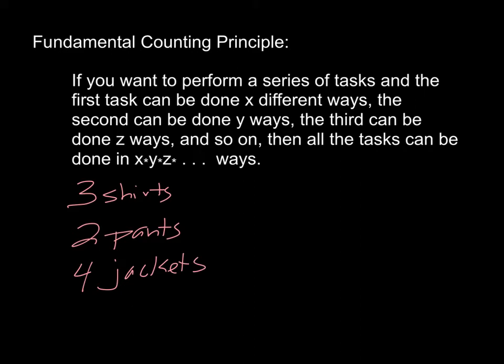If we wanted to find out how many different outfits we could come up with, we have 3 different ways of choosing a shirt, times 2 different ways of choosing a pair of pants, times 4 different ways of choosing a jacket. So we could create 24 different outfits. That's what the fundamental counting principle is really trying to tell us.